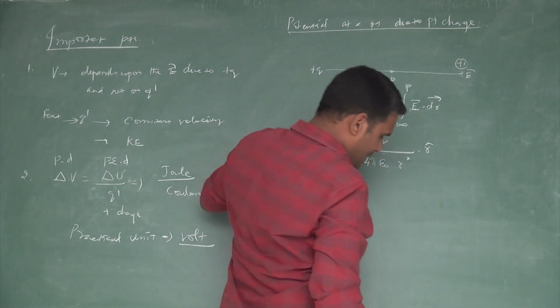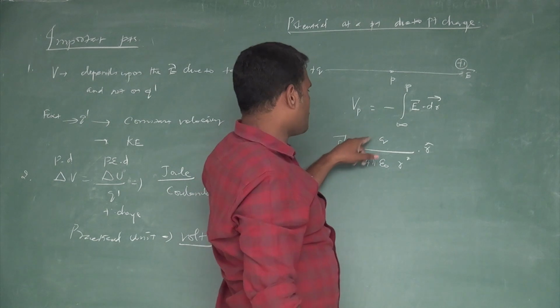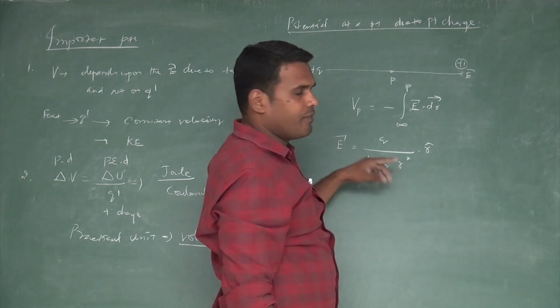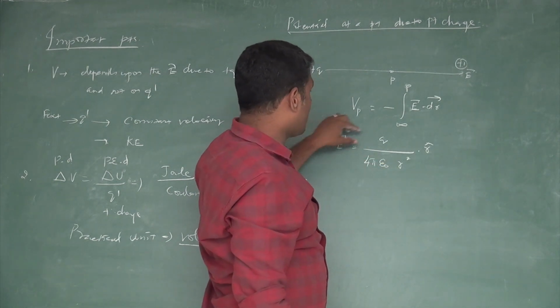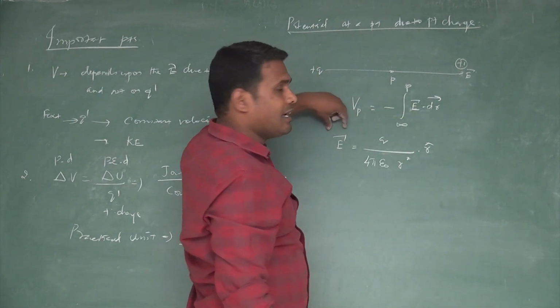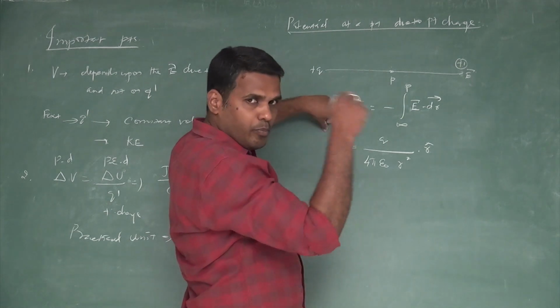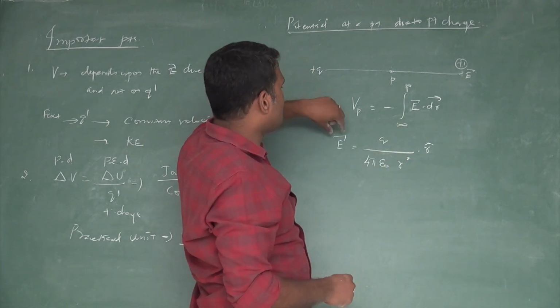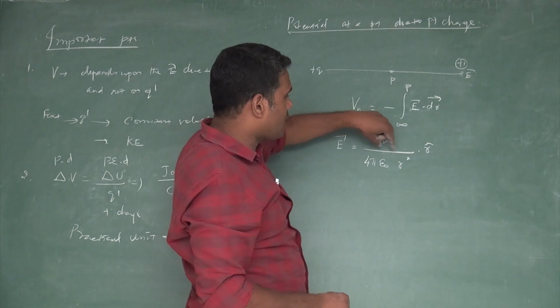If it is represented as a magnitude, then it is E equals q by 4 pi epsilon naught r square. If it is represented as a vector, E vector equals q by 4 pi epsilon naught r square into r cap.